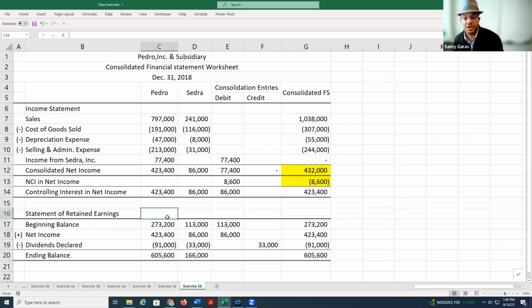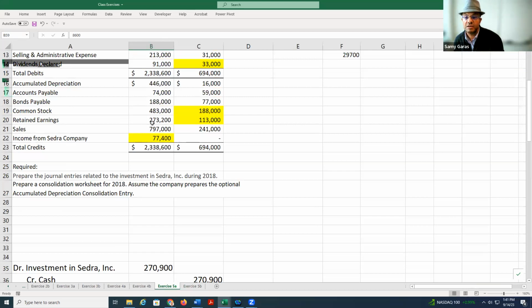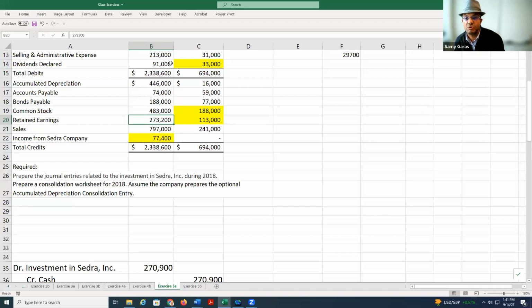For Pedro company, it's the same, it doesn't change. From where I get these numbers, it's here from the balance sheet. So here, if you see the retained earnings, if you see the net income, it's the same. So we get it from here. 273, I get it from the previous one. Here, the net income, I put it here. The dividends declared, if you go, you will find it here, 91,000.